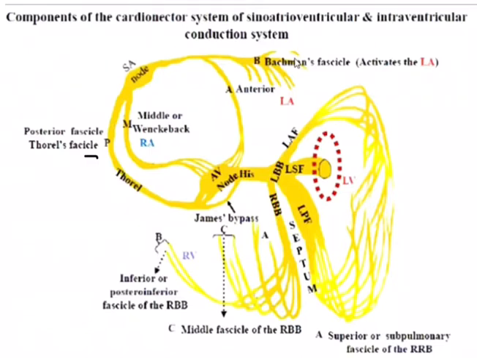The left bundle branch, initially we thought, divides into two fascicles, that is the left anterior fascicle and the left posterior fascicle. But in recent autopsy studies, we have found that the left bundle branch also divides into the left septal fascicles.